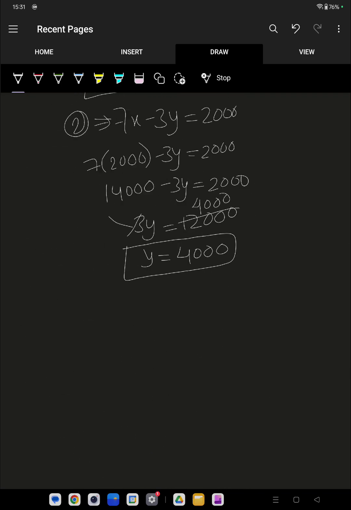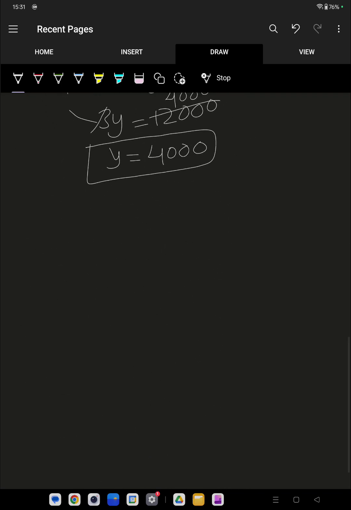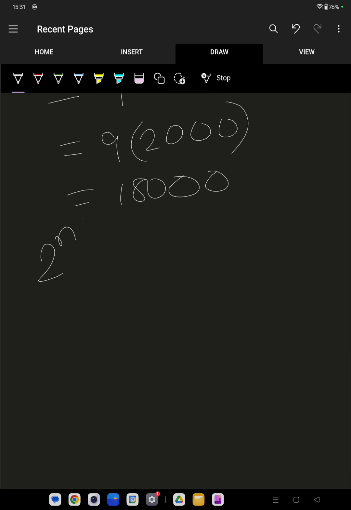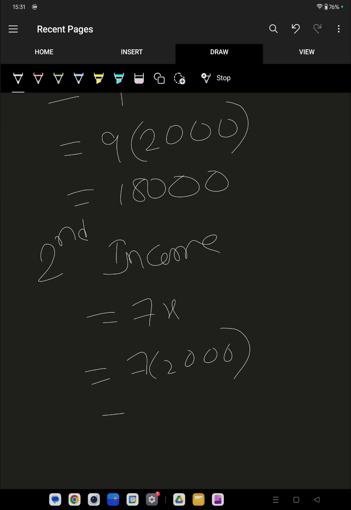First person income is 9x, which means 9 into 2000, 18,000. And second person income is, what is the ratio given? It is 7x. X value is 2000, so his income is 14,000.